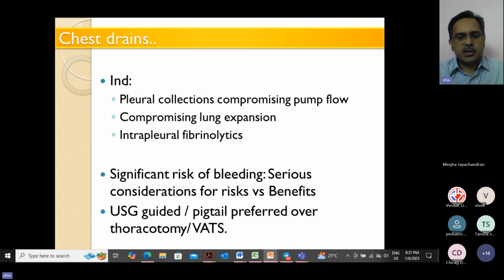And if you have to do it, then we have to take all the precautions to ensure the coagulation is good, with good backup of blood products, and preferably it should be ultrasound guided, and pigtails are preferred over thoracotomy or VATS.